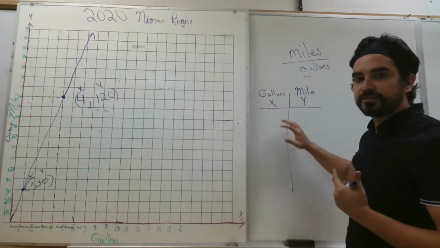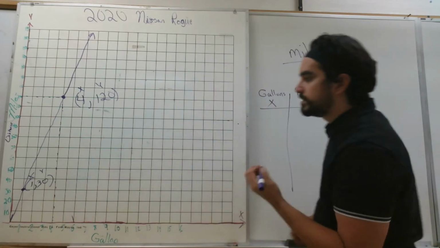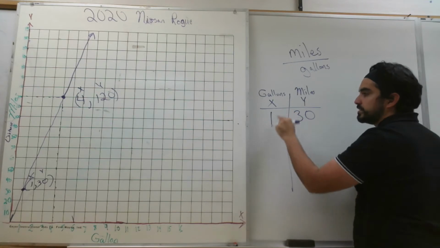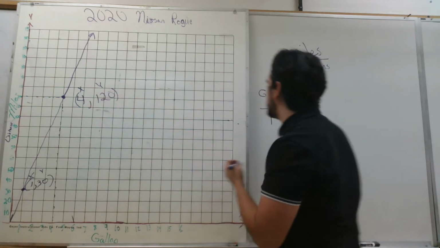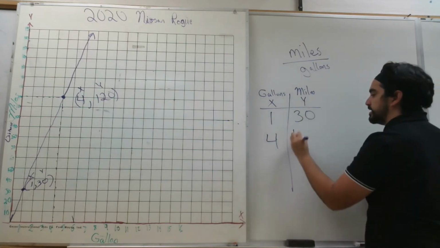And all I'm going to do is fill it in. X is 1, Y is 30. For the second point, X is 4, and my Y is going to be 120.